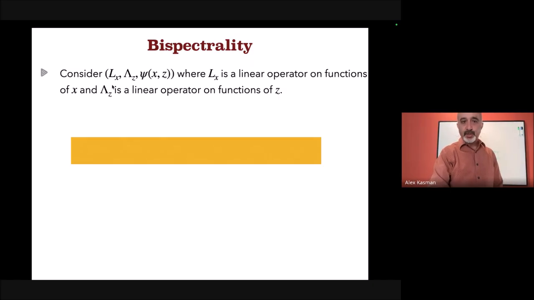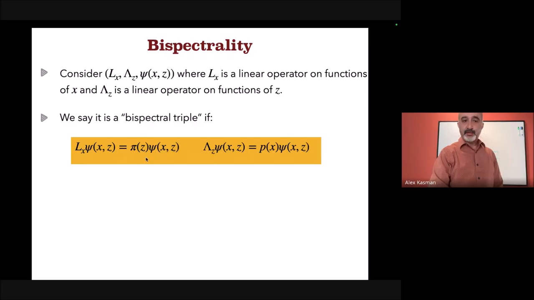Bispectrality is just a property of functions and operators acting on them. So let's say L is an operator acting in the variable X. It could be discrete, continuous, whatever, any kind of linear operator in a variable X, any linear operator lambda in a variable Z, and a function that depends on both X and Z. We say it's a bispectral triple if this function is an eigenfunction for both of those operators.